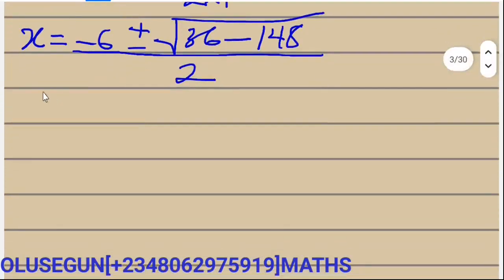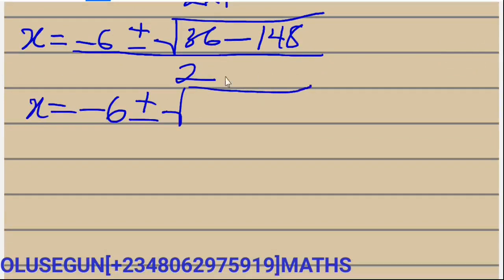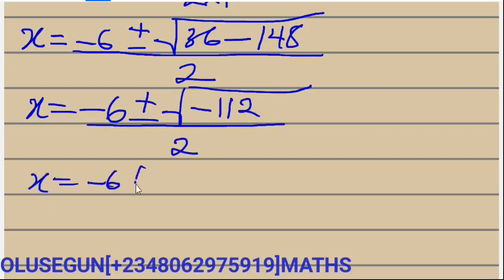So therefore, x is equal to minus 6 plus or minus square root of, let's subtract, 36 minus 148, which gave us minus 112, over 2.